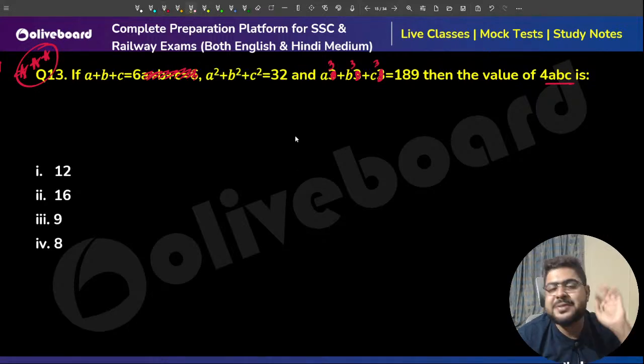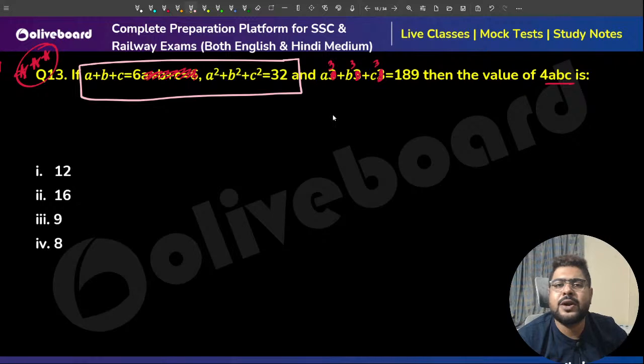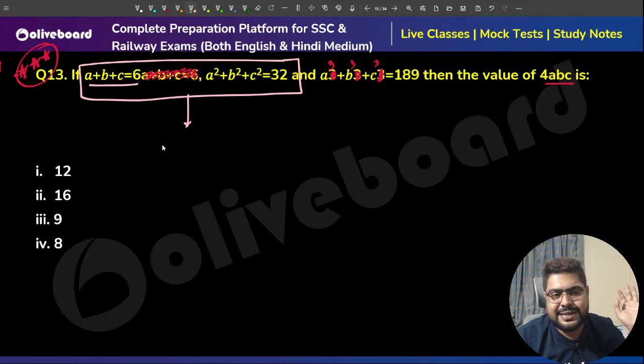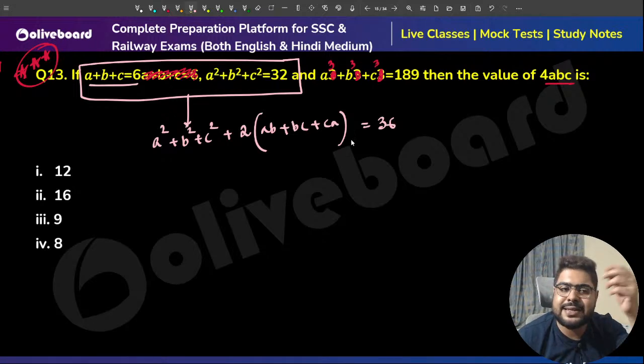Whenever you see this, take the first 2 relations and try to figure out whether you can do anything. If I square both the sides, (a plus b plus c) whole square, I know a formula: a square plus b square plus c square plus twice of (ab plus bc plus ca), equal to 6 square, which is 36.